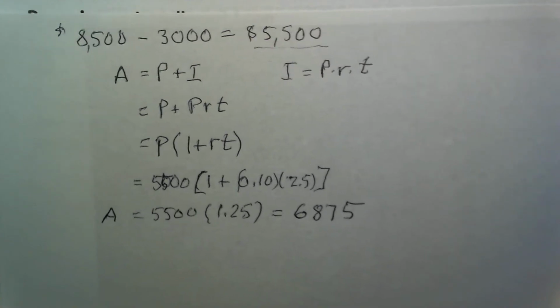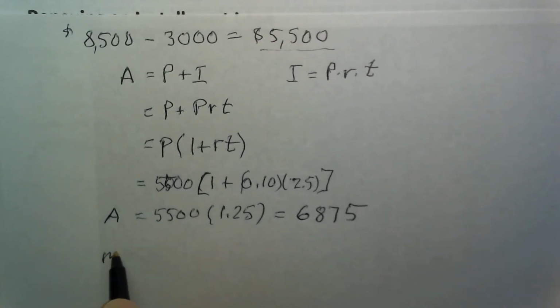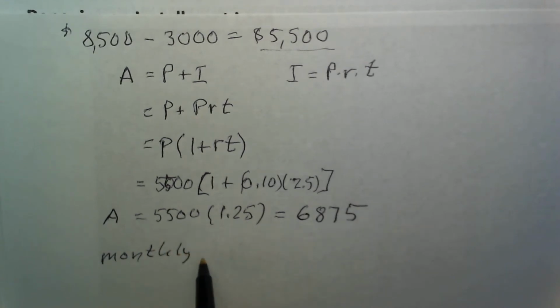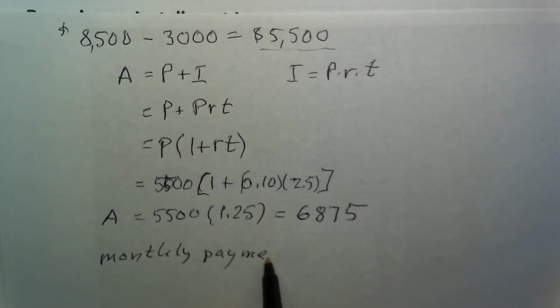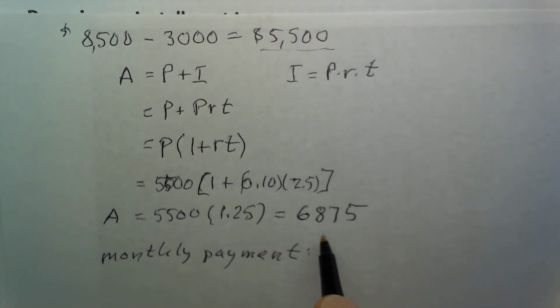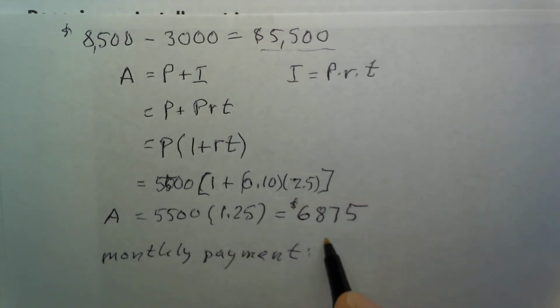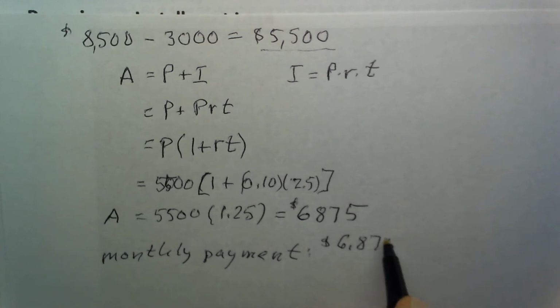So to find the monthly payment, we divide 6,875 by the number of months. 2.5 years is 30 months.